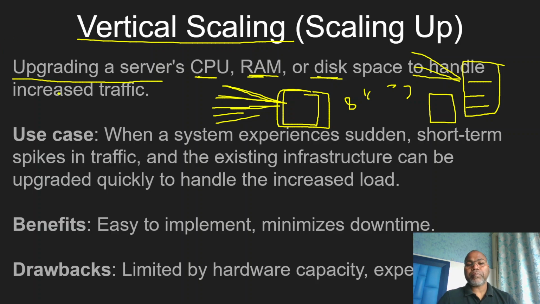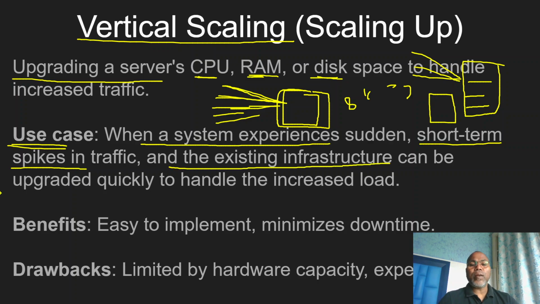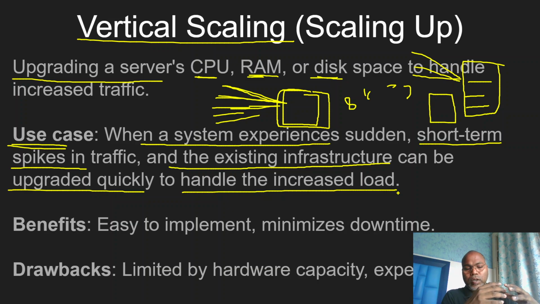So what are the use case scenarios where you are going to use vertical scaling? When a system experiences a sudden short-term spike in traffic and the existing infrastructure can be upgraded quickly to handle that increase. This is a short-term period, for a couple of days or a week.